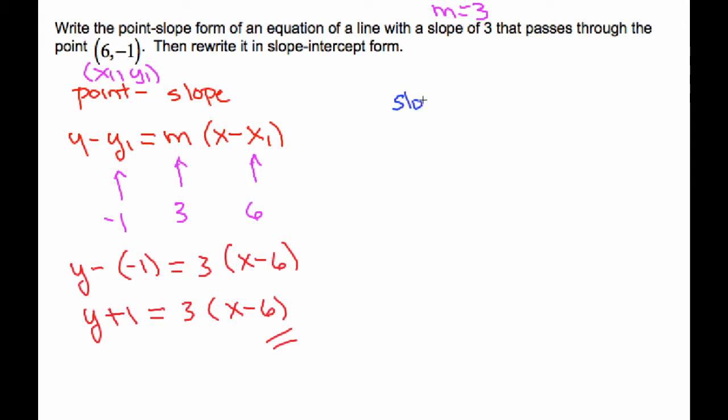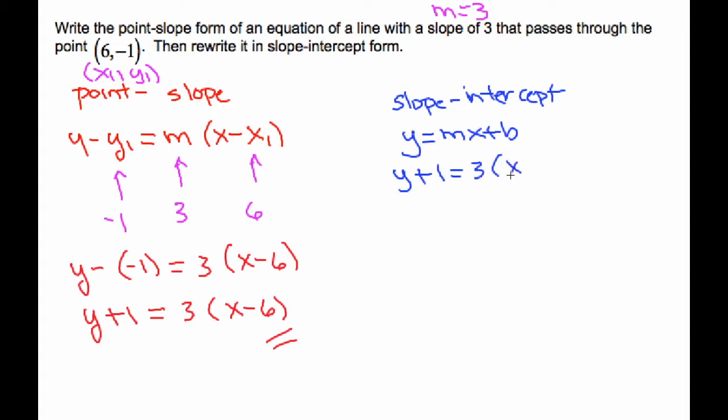To find my slope intercept form, well, I know that form is y is equal to mx plus b. So that means I'll take my point slope form, which I know is y plus 1 is equal to 3 times x minus 6, and I'll solve for y.